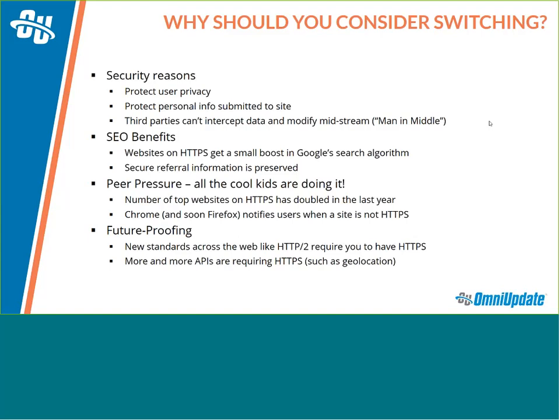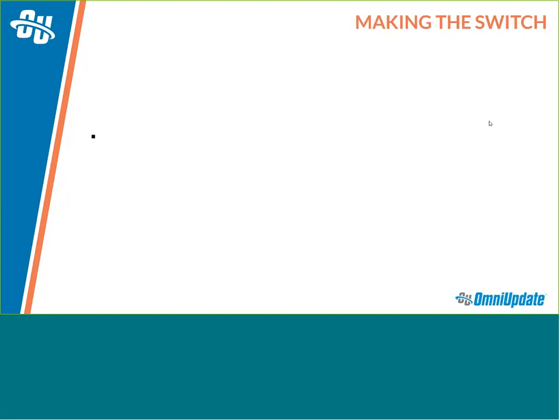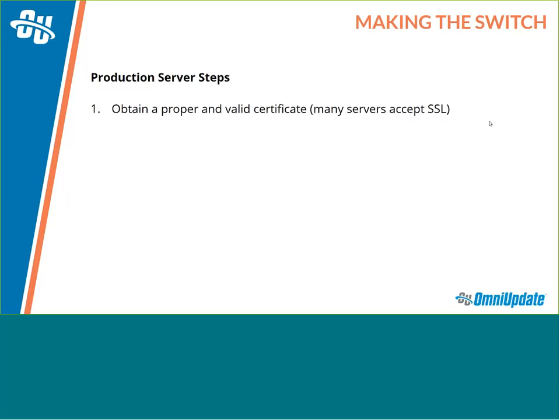So with all of that in mind, let's go ahead and talk about making that switch in the first place. As I mentioned in the general agenda, the first thing you need to do is have your web server serve up content over HTTPS. Before you do anything inside of OU Campus, you've got to get these steps going first.